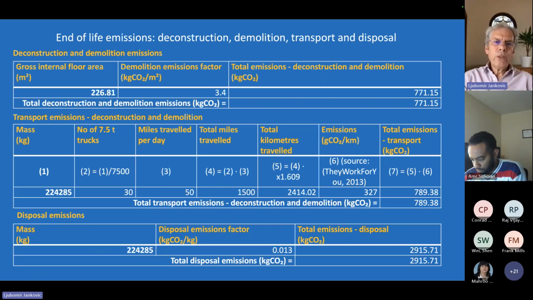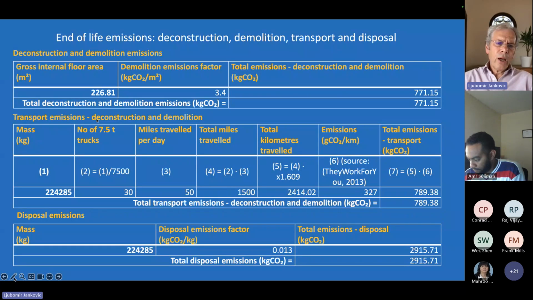And then we need to consider end-of-life emissions: deconstruction, demolition, transport, and disposal. Deconstruction and demolition are based on a gross internal floor area, and then there's an emissions factor for this, and then total emissions are calculated by multiplying the two.